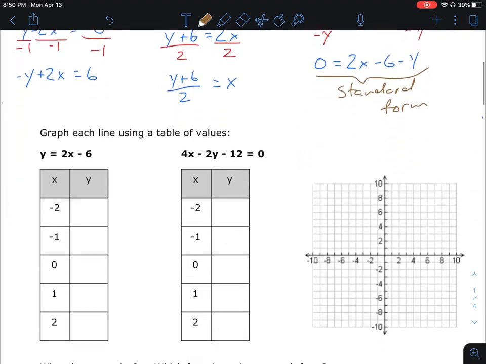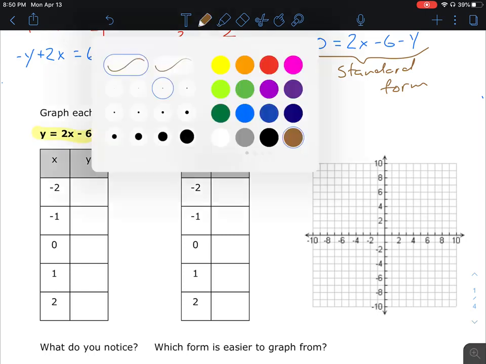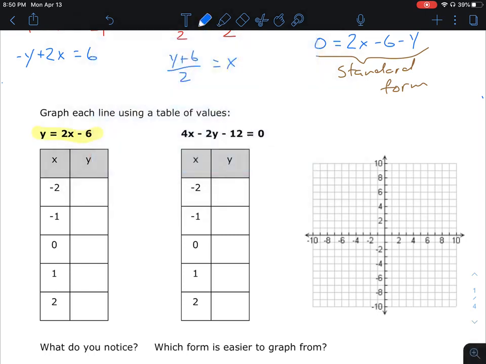So when we're trying to graph lines, now we have y equals 2x minus 6 there for us. When I take my x value and I plug it into my equation, I get a y value. So y is equal to 2 multiplied by, well, in this case, negative 2 minus 6. It gives me a value of negative 10.